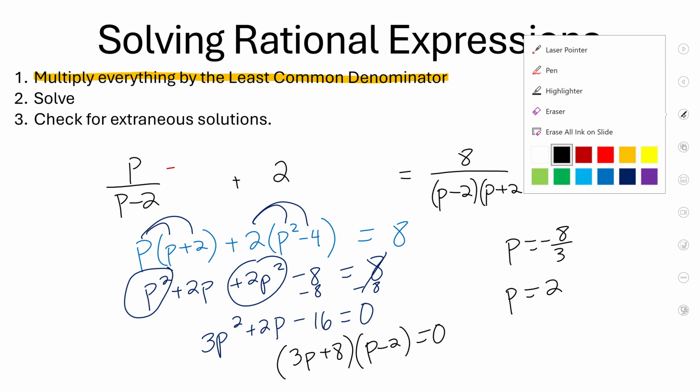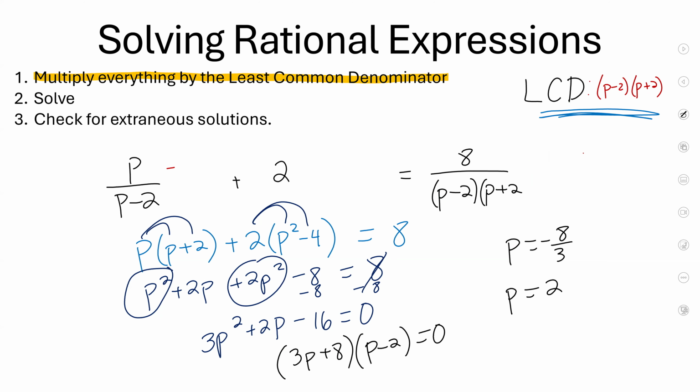If I were to replace the p with a 2, what would be in the denominator? 0. Can you have 0 in the denominator? No, so I already know this is not an answer. And then check this one.